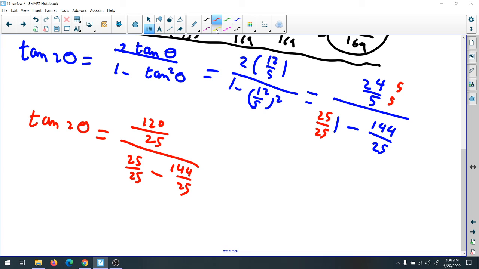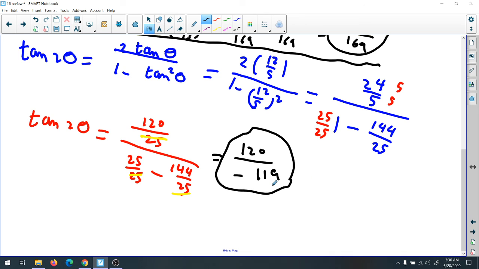Once they have the same denominator, just cancel the denominator. The numerator will be 120 over 25 minus 144. We just subtract. So the result will be 120 over 119.